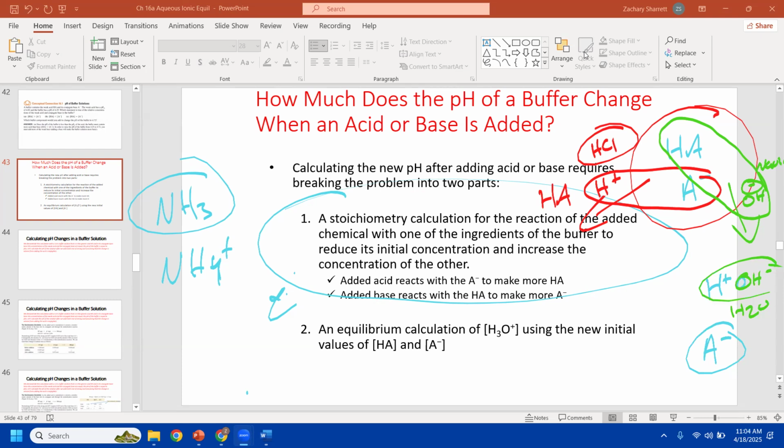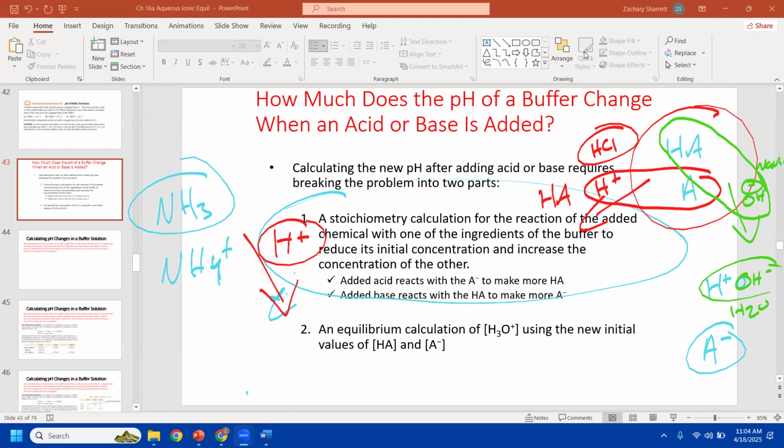Now, what happens if we were to add H plus to a buffer that consists of a weak base and its conjugate acid? Kayla, how will this NH3, NH4 plus respond to minimize the pH changes? What reacts with the H plus?